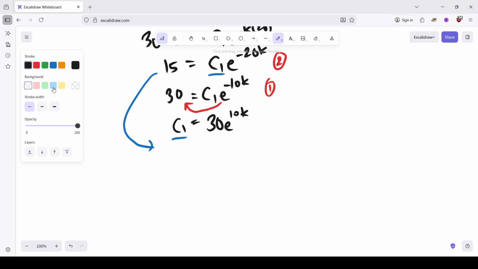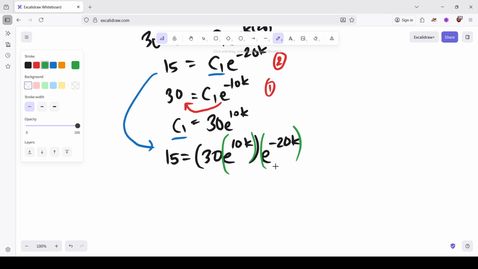So this will be 15 is equal to, C1 now will be equal to 30 e raised to 10k, times e raised to negative 20k. We have e raised to 10k times e raised to negative 20k.